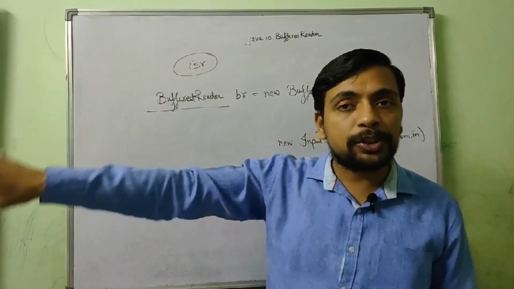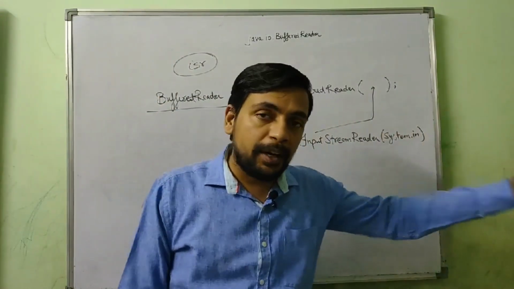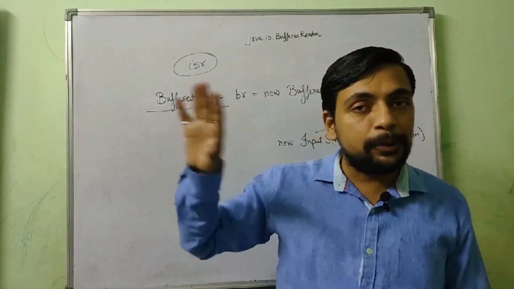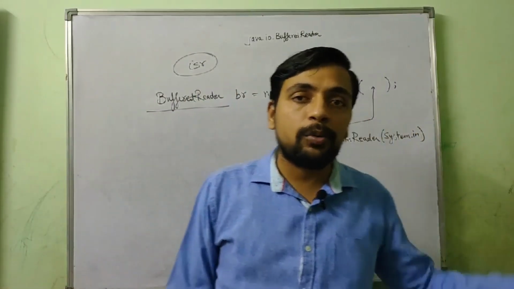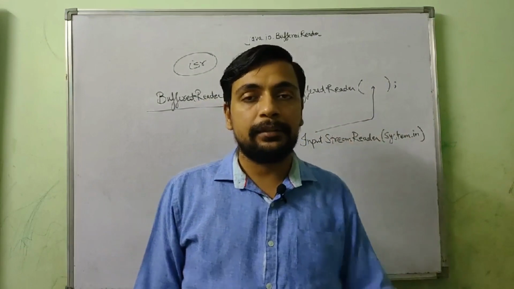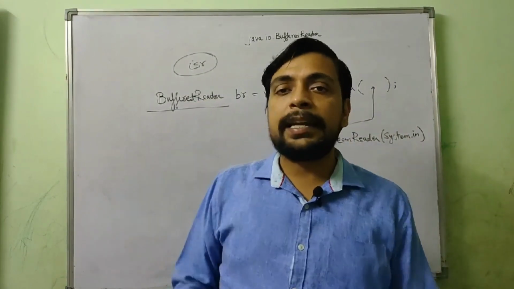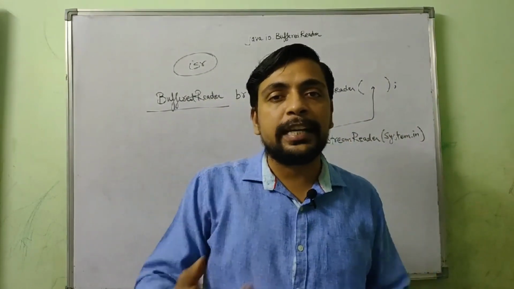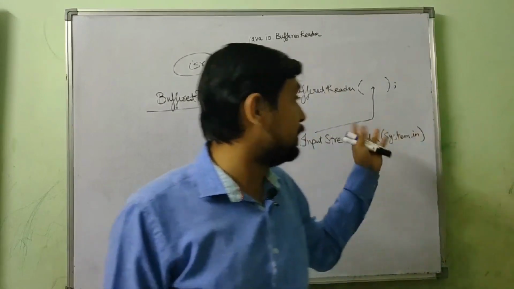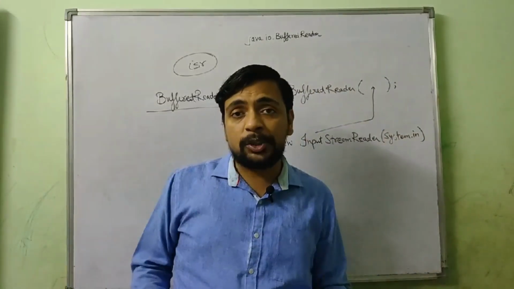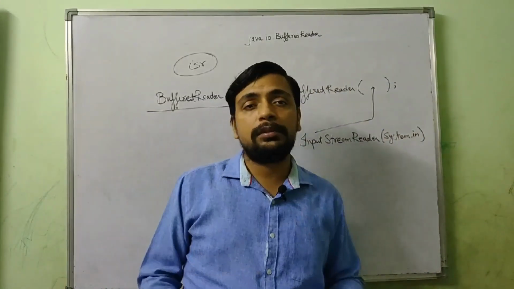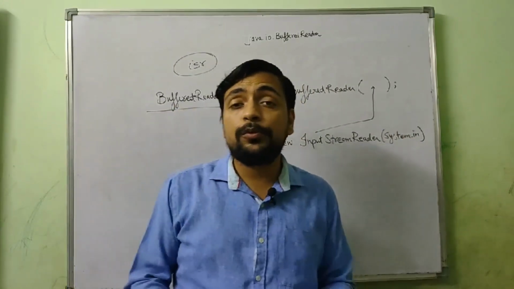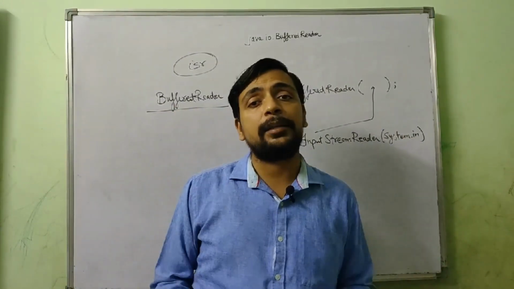One reference of InputStreamReader and one reference of BufferedReader. So if we want to work with the InputStreamReader object, we can do that. If we want to work with the BufferedReader object, we can do that. So there is an advantage of creating objects of both, and there is an advantage of passing the reference like this. So it's up to you, whichever approach you feel easy, you can take help of that approach.